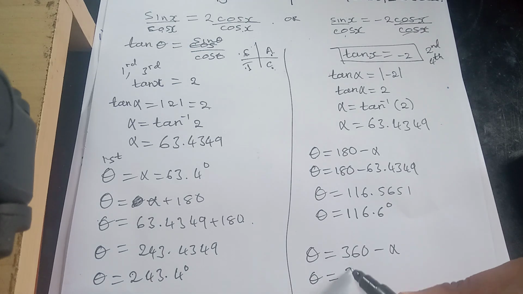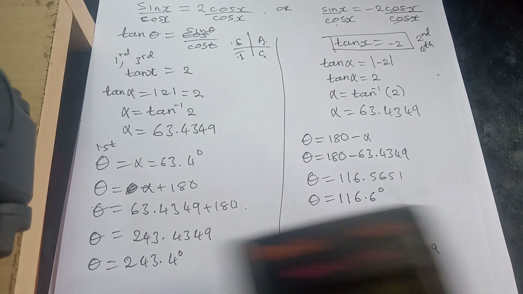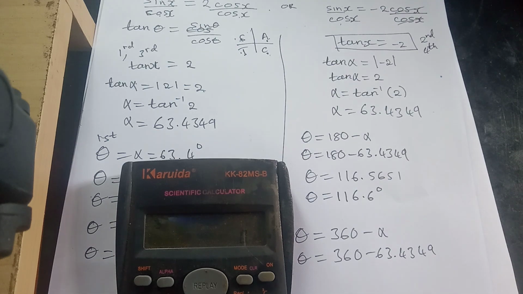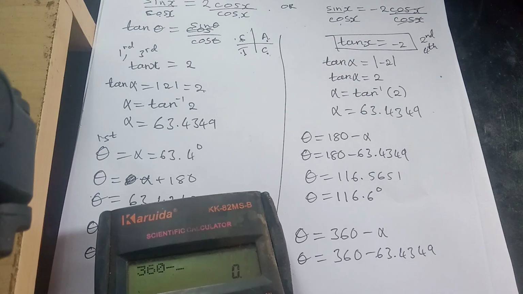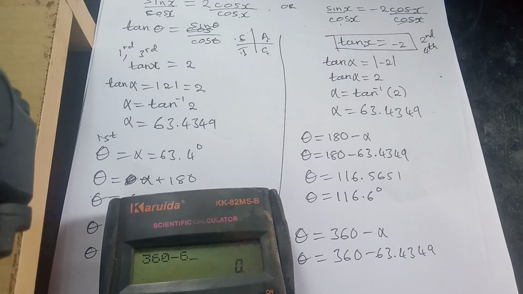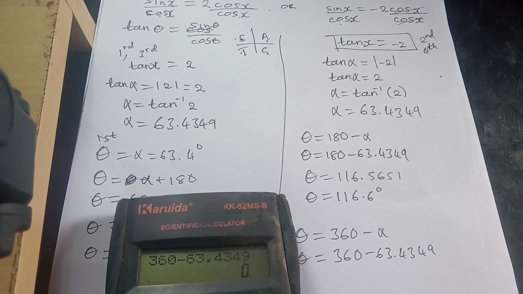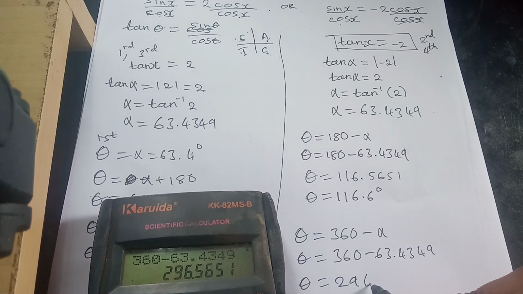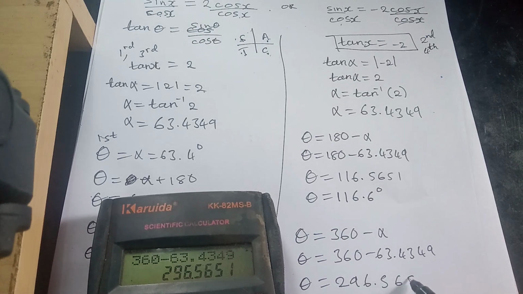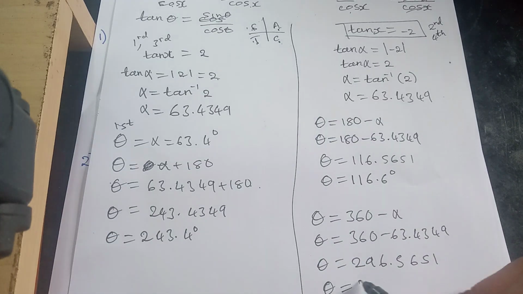So you have 360 minus 63.4349. So this will give us 296.565, which rounds off to 296.6.